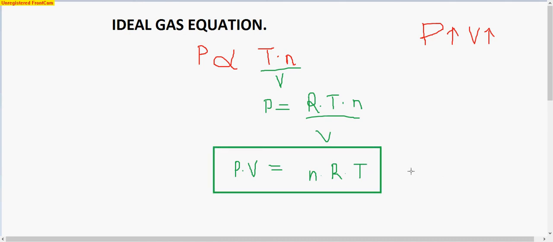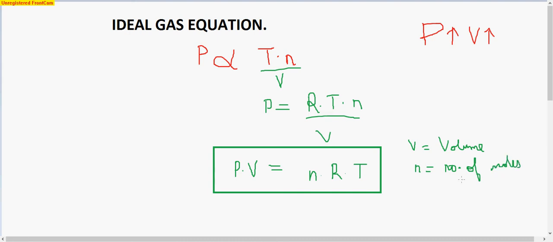This is what is known as the ideal gas equation, where P is equal to pressure, V is equal to volume, N is, in most cases, the number of moles.